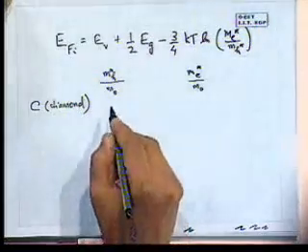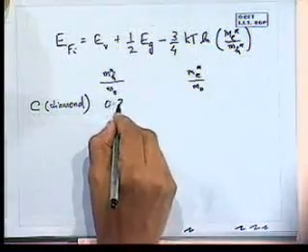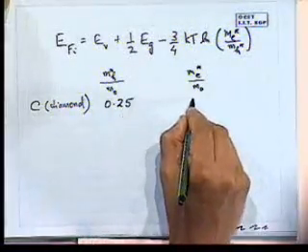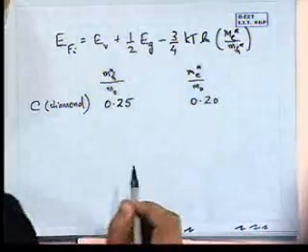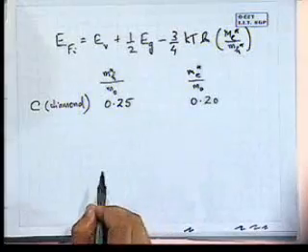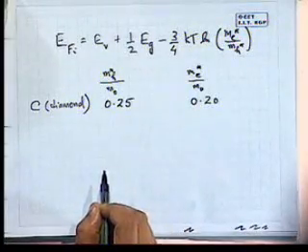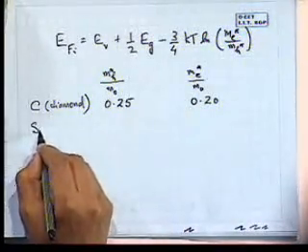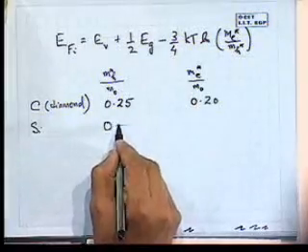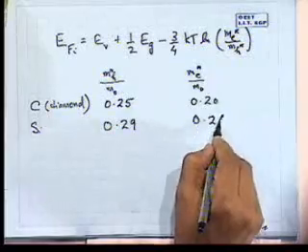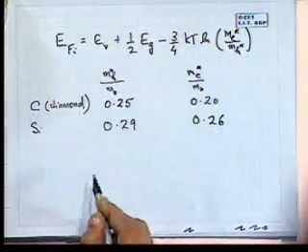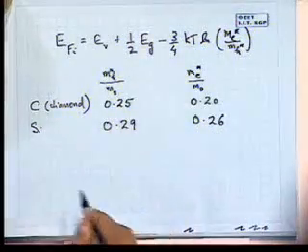In that case, the hole mass is given as 0.25, and that for the electron is 0.2. They're not significantly different. They're very similar. And then if you look at the more familiar case of silicon, this is 0.29, and for the electrons it's 0.26. So still we don't have much of a difference.